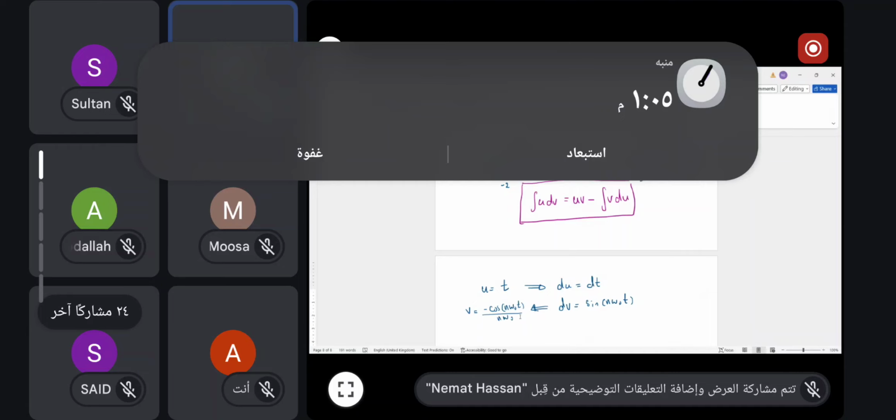Is this first step clear to you? So I took my assumption that u is equal to t, which means the derivative of u is equal to the derivative of t. I assumed that the sine is dv, and to find v, I have to integrate.